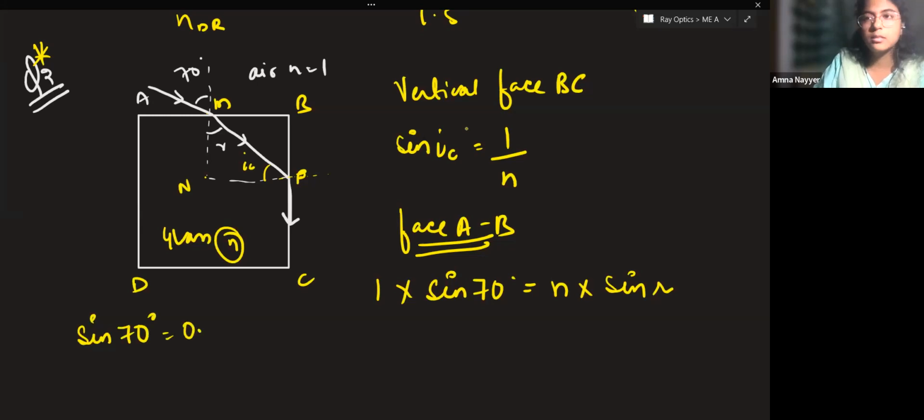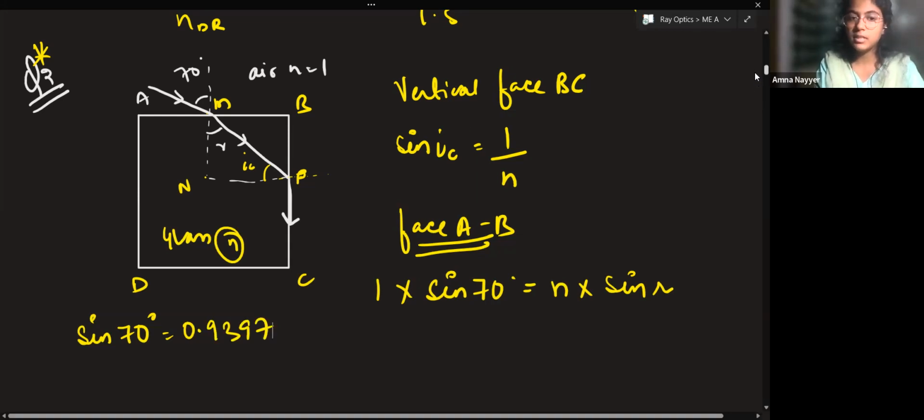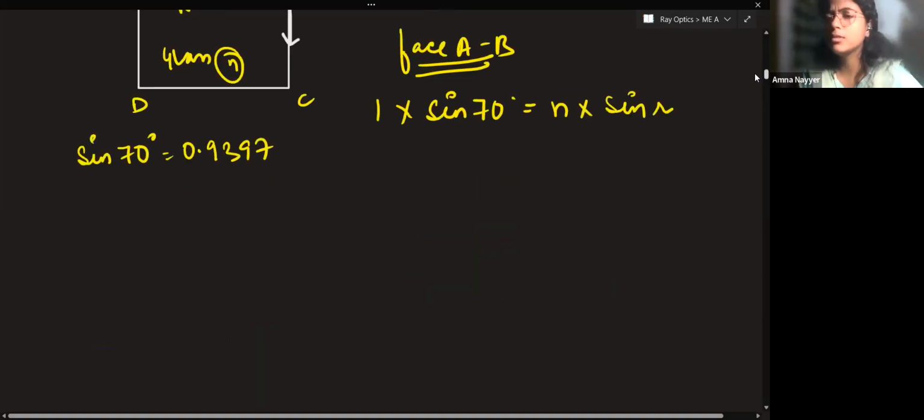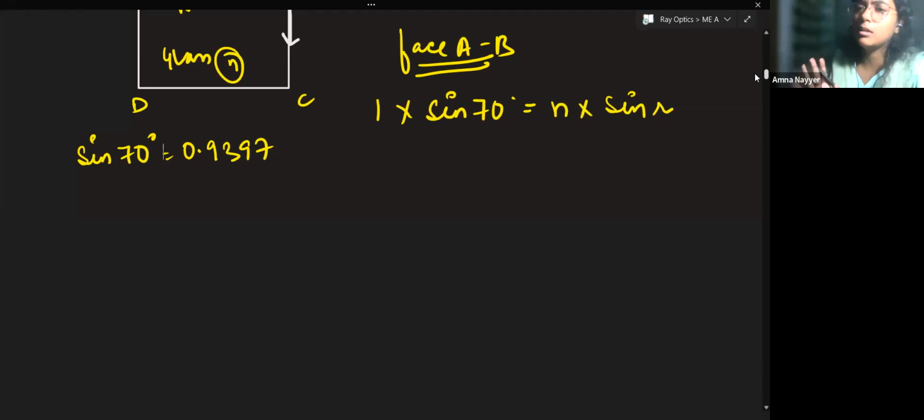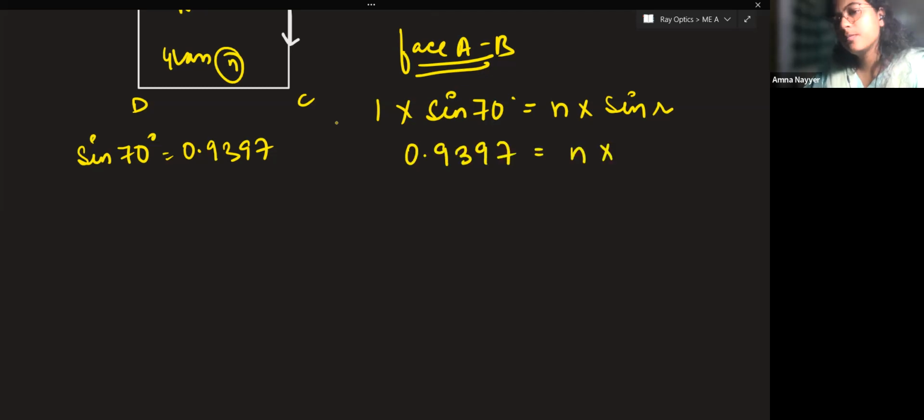It was 0.9397, approximately. This was given in your question, so do not worry about it. If you have such data, either it will be given by the question, or it will be a value that you know, like sin 30 degrees and 45 degrees. So 0.9397 is equal to n into sin r.